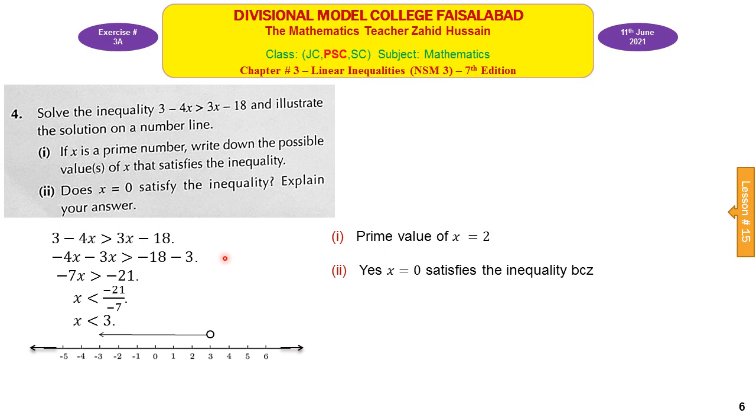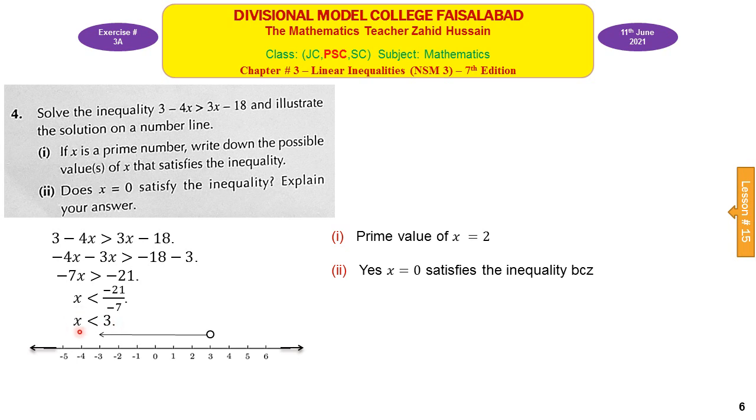And then it is asked whether x equal to 0 satisfies the inequality. That is, if you replace x by 0 in this inequality, is the statement true or false? If the statement is true, then you will say that yes, x equal to 0 satisfies the inequality. If the statement is not true, then you will say that x equal to 0 does not satisfy this inequality.